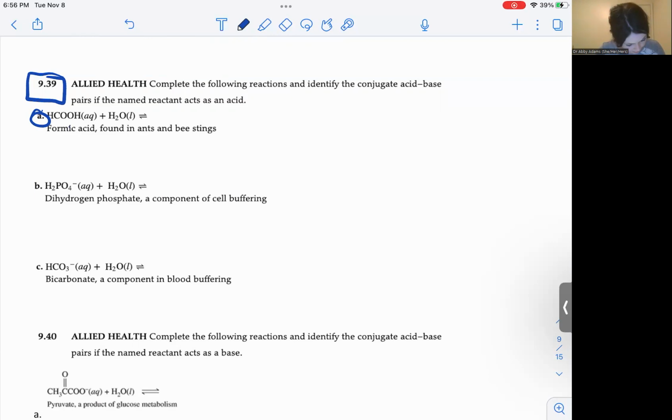Here, this is our formic acid. And so we are assuming if the named reactant acts as an acid. All right. So what will we have then? I guess we can write it out right here.